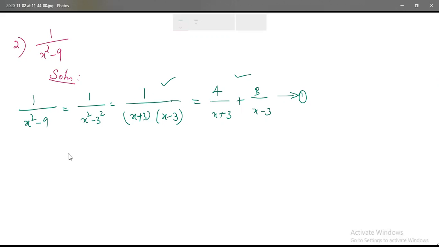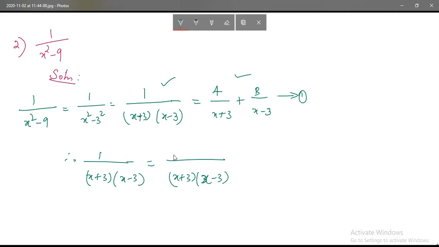So therefore, what can you say? 1 by x plus 3 into x minus 3 is equal to, just do addition of fractions, the denominator is x plus 3 into x minus 3, and the numerator is a into x minus 3 plus b into x plus 3, just addition of fractions.